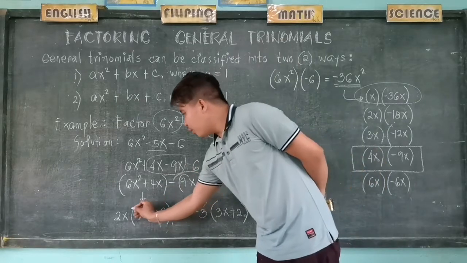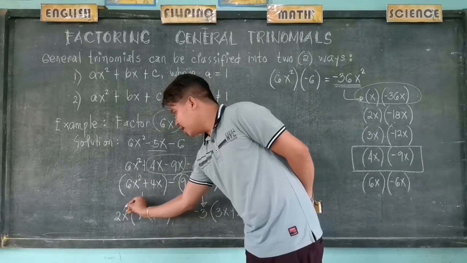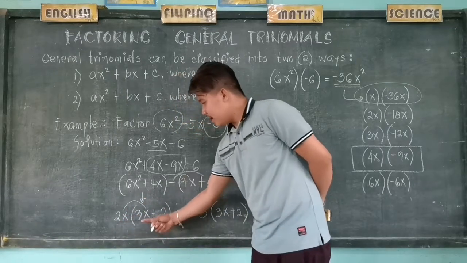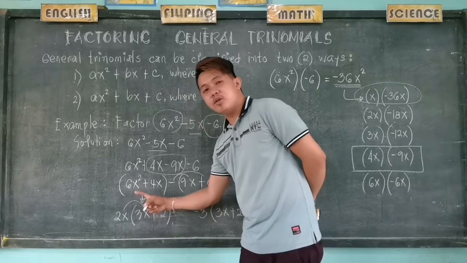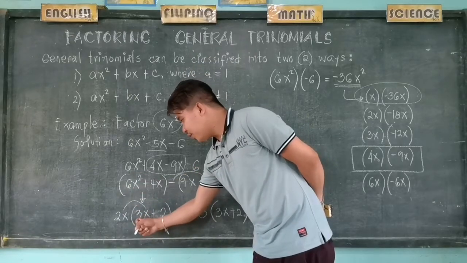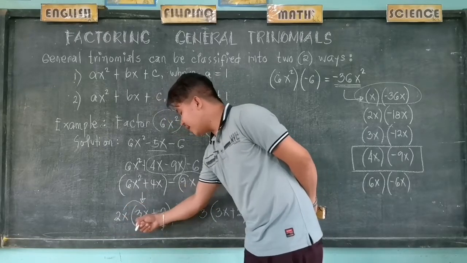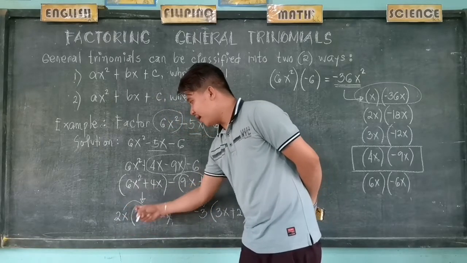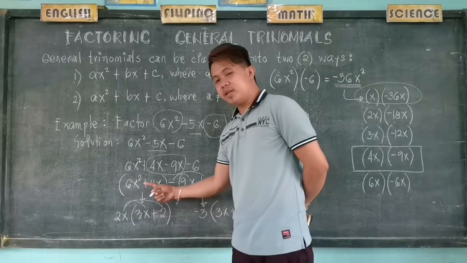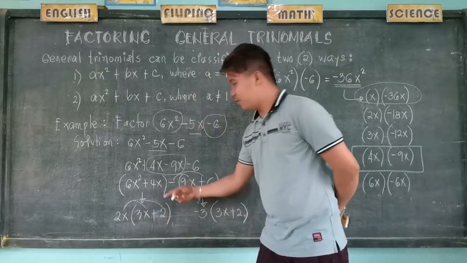Remember, we are looking for a number which, when multiplied by 2x, the result should be 6x squared. So we have 3x. 2x times 3x, the result is 6x squared. 2x times 2, the result is 4x. So this is the factor of the first group.